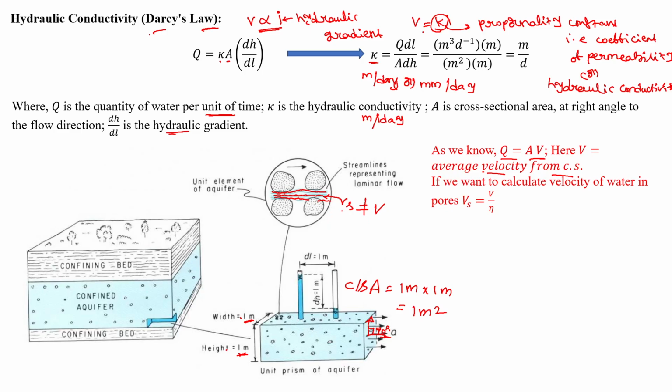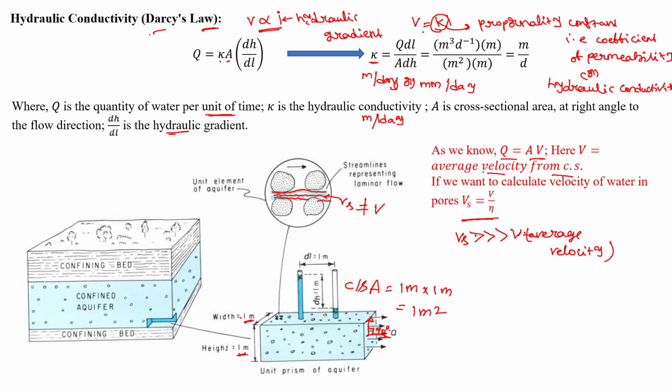Now, if one wants to estimate the velocity inside the pores, there is a relation to be used. This Vs will be much higher compared to V, because V is the average velocity over a big cross-sectional area, while Vs is the velocity in between the pores.